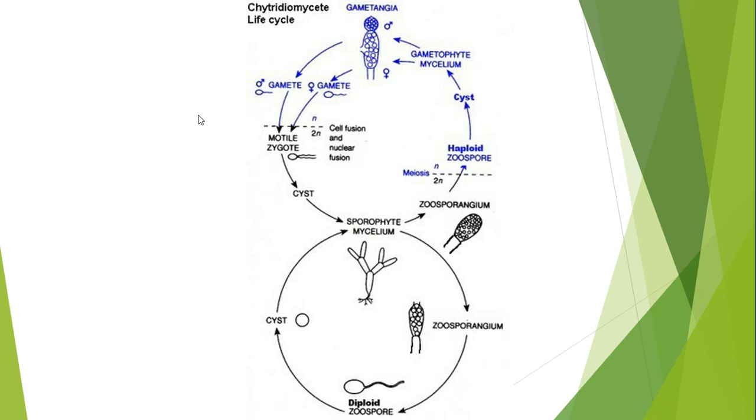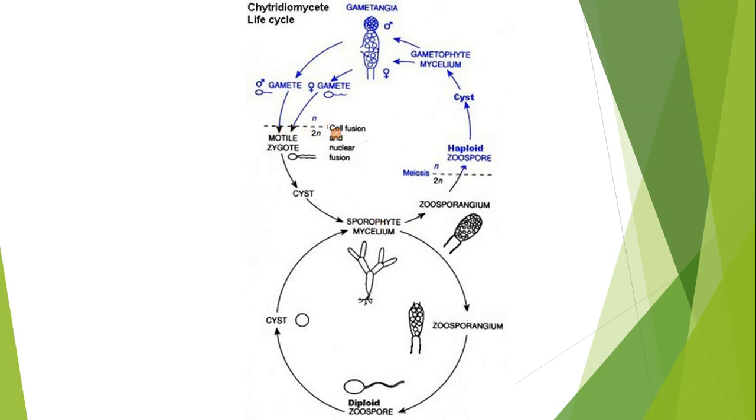Here is the sexual reproduction in chytridiomycetes, in which it produces zoosporangium, in which the cells undergo meiosis and haploid zoospores are produced that are encysted, and then the gametophyte mycelium produces male and female gametangia, and that produce male and female gametes, and they undergo fusion, and the motile zygote is formed that may be encysted, and after favorable conditions it germinates into a sporophyte mycelium.